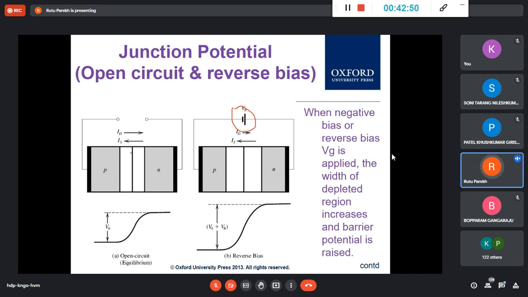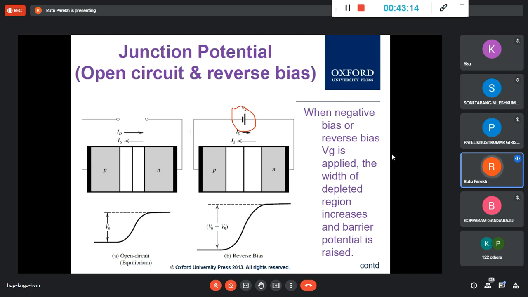Now you have understood this depletion region, that potential, the barrier, it will have some voltage. Now with this kind of battery connection, the little one is negative and this is positive. So unlike charges, negative and positive, will attract.